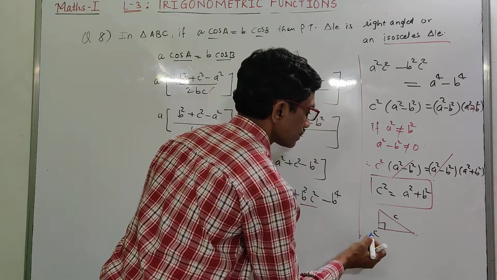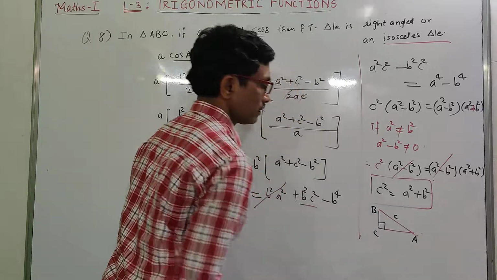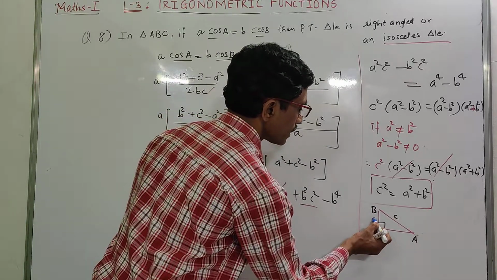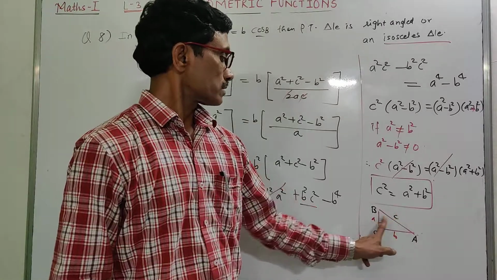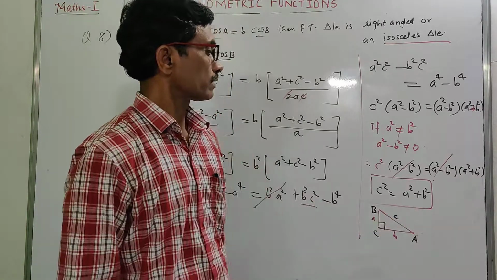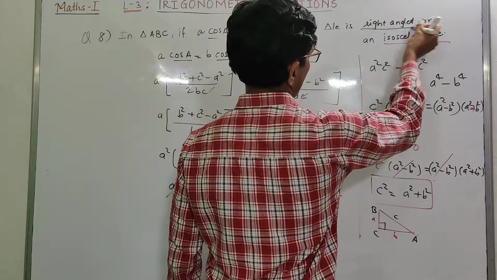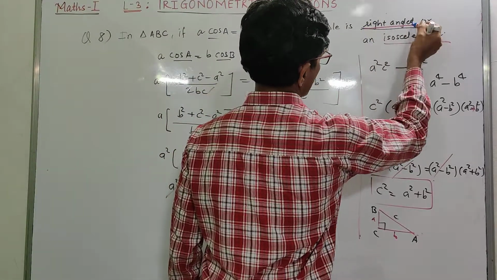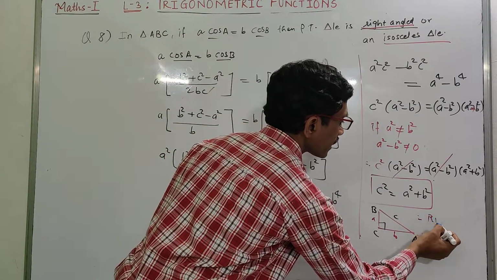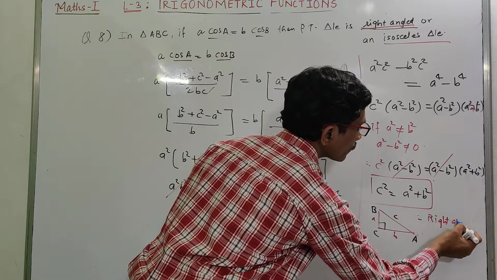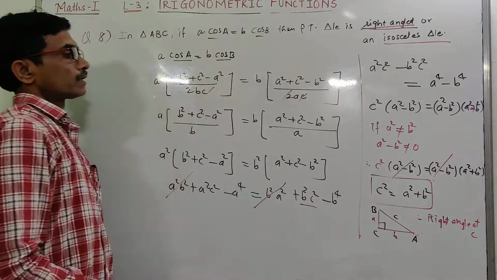This is C, A, B, C. This side is A, this side is B. So C square is equal to A square plus B square. So first condition, that the triangle is right angled, therefore right angle triangle, it is at C. Another condition is what?